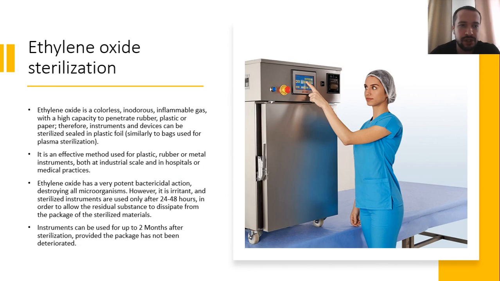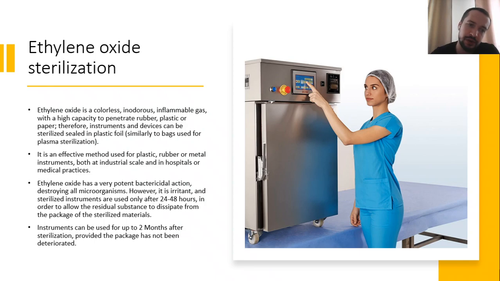Ethylene oxide sterilization. Ethylene oxide is a colorless, odorless, flammable gas with a high capacity to penetrate rubber, plastic, or paper. Therefore, instruments and devices can be sterilized sealed in plastic foil, similar to bags used for plasma sterilization. It is an effective method used for plastic, rubber, or metal instruments, both on industrial scale and in hospitals or medical practices.